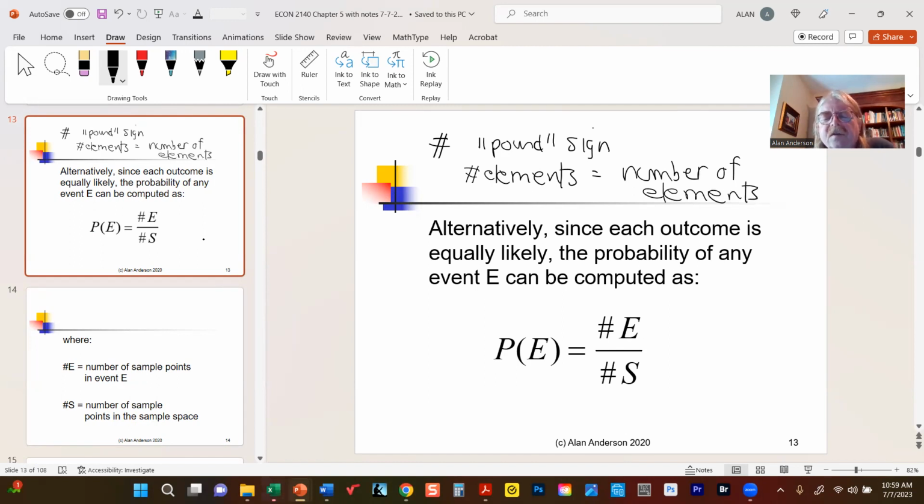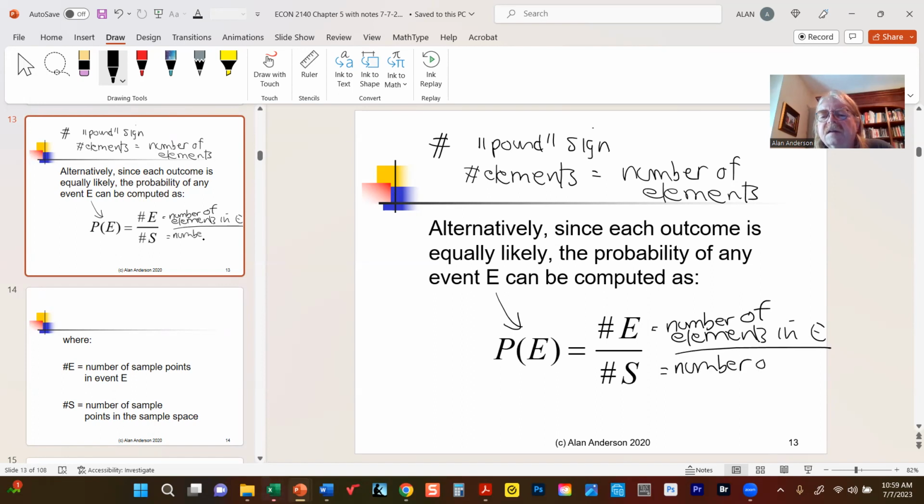So this formula just says for any given event E, where all the outcomes are equally likely, only when they're all equally likely, you're just counting up the number of elements in E, and then you also have down here the number of elements in S.